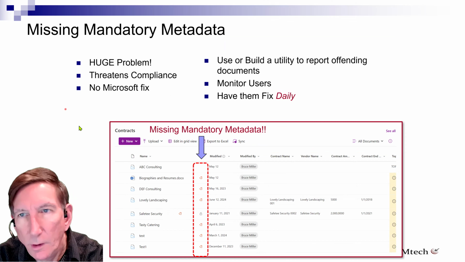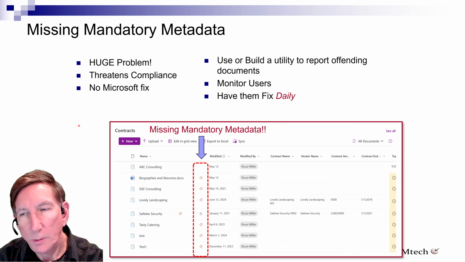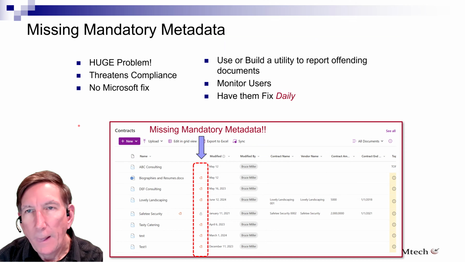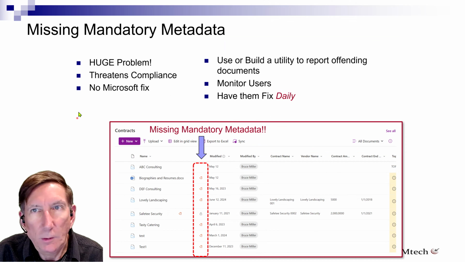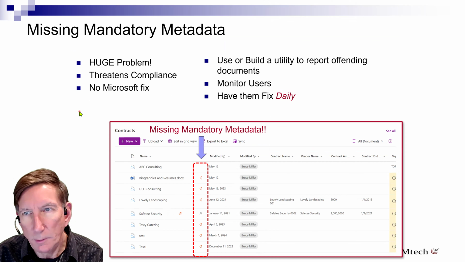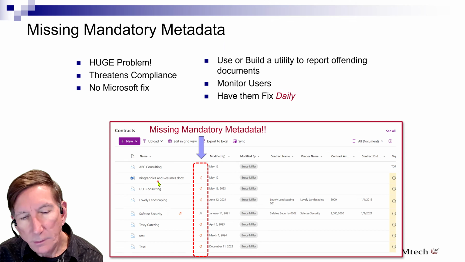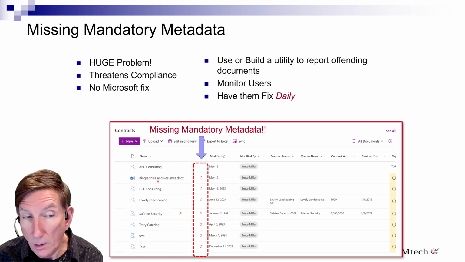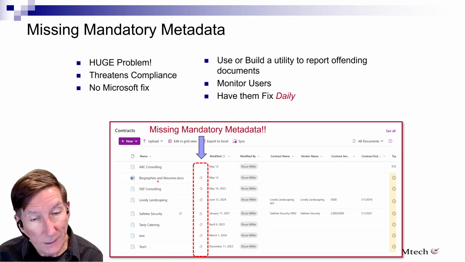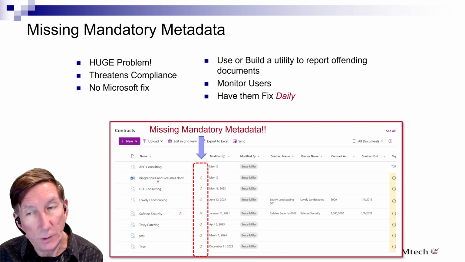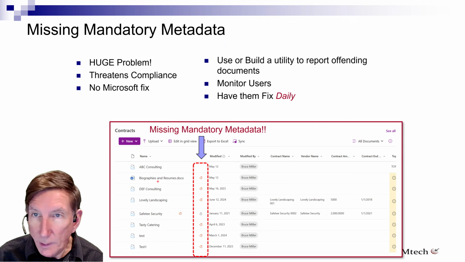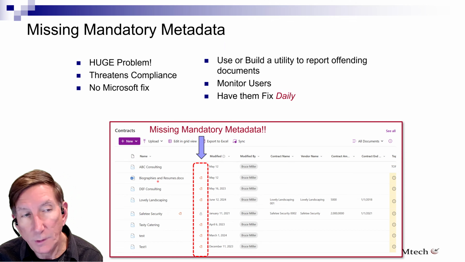Now, this is what I mentioned earlier. This is a horrible, horrible feature of SharePoint, if I may say. You can put documents in all day long and ignore the metadata and not fill in a darn thing. That's tragic, but nothing we can do about it. It's a huge, huge problem. And it can threaten compliance because some, not all, but some of your metadata is going to be used in compliance automation rules, which means if you don't have the metadata, you're no longer compliant for those documents.